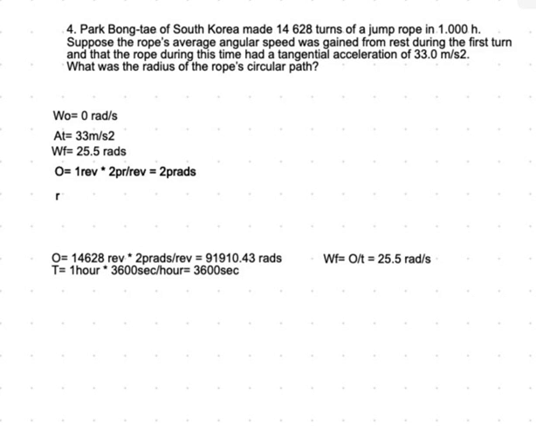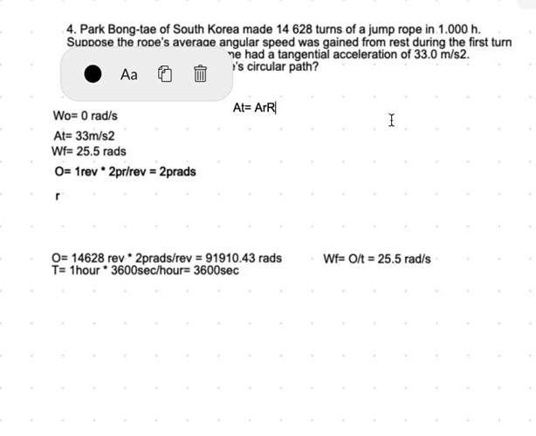In order to find the radius, the formula that we've been given in terms of acceleration is that tangential acceleration is equal to angular acceleration times the radius. So if I want to find the radius, I need to know the tangential acceleration, and I need to divide it by the angular acceleration.